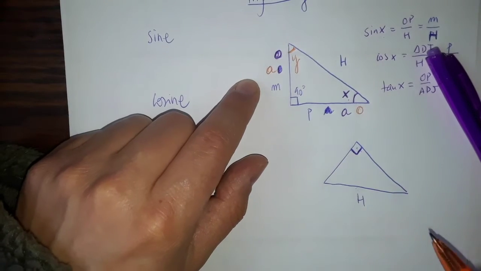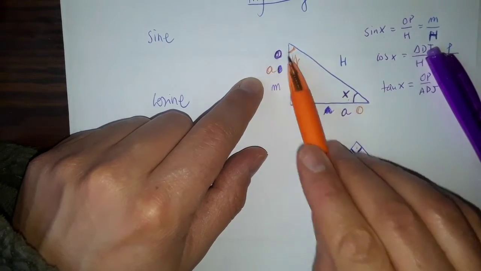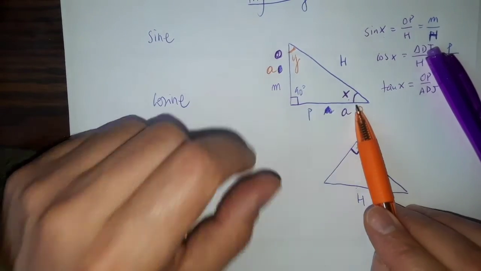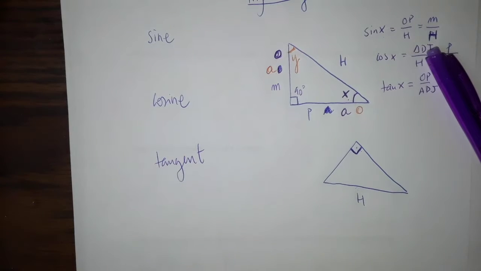So as you can see, this side can be opposite or adjacent depending on which angle I'm selecting. That's what I want to make clear. It depends. So the hypotenuse never changes.